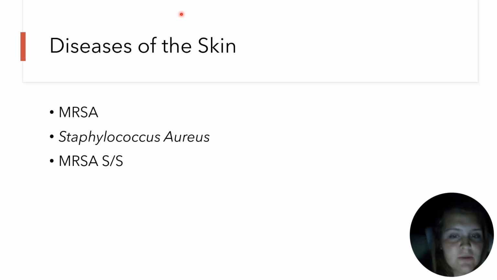It's directly spread, so contact precautions, and for diagnosis you do a polymerase chain reaction. And to prevent this, it's commonly taught to have good hygiene.